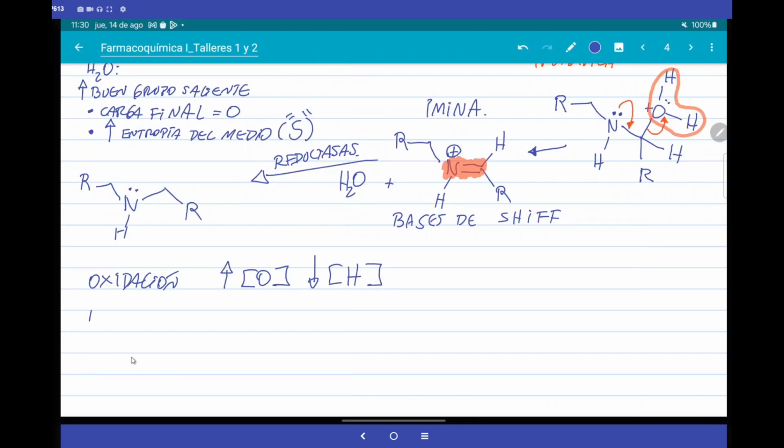Vice versa, a reduction is a process that increases the amount of hydrogen or the amount of oxygen is reduced within the structure, whether it is a drug or a biomolecule. It can happen in parallel in both things. Losing protons, that is an oxidation, increased oxygen or reduced hydrogen, and gaining them is a reduction.